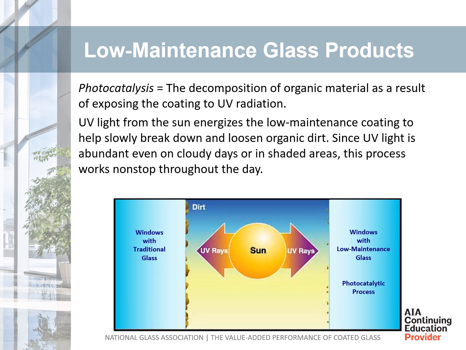Low-maintenance glass products employ photocatalytic properties, which, in combination with moisture and UV radiation from the sun, decompose organic materials that are on the surface. UV radiation is reflected from many surfaces and is also present on cloudy days, so the process is working most of the time.